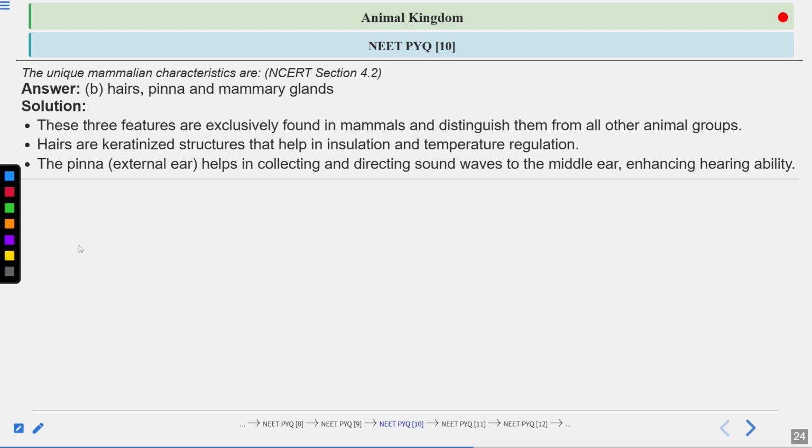They can collect the different waves coming from distant places. The waves just fall on your external ear, and they are directed to move inside the hole that is present in the ear. So they are very, very important, and this is a feature of the mammals.